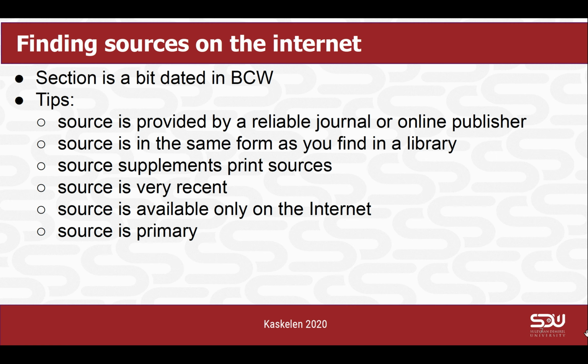In those cases, you can still use those sources because you cannot find them anywhere except online. That concerns pretty much all sources that are available only on the internet. Also, sometimes a source is primary, like a YouTube video. If you're scraping Twitter data to analyze for your dissertation, then go ahead and go on the internet and get the data.